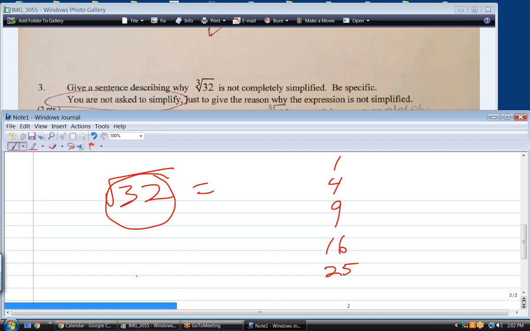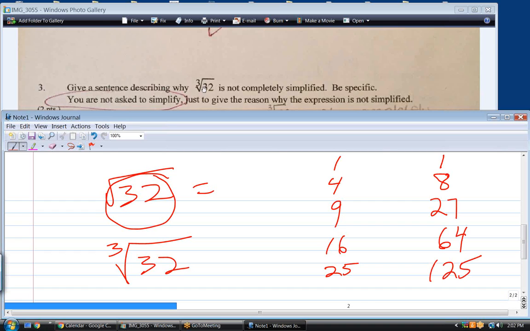When you do simplification of cube roots, you're not looking for perfect square numbers, you're looking for perfect cube numbers. That's 1 cubed, 2 cubed, 3 cubed, 4 cubed, 5 cubed.